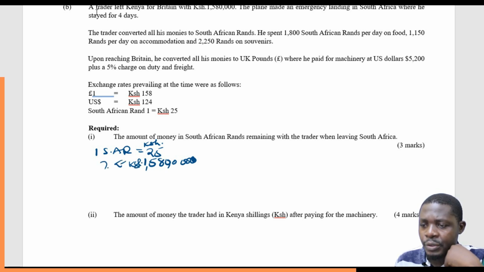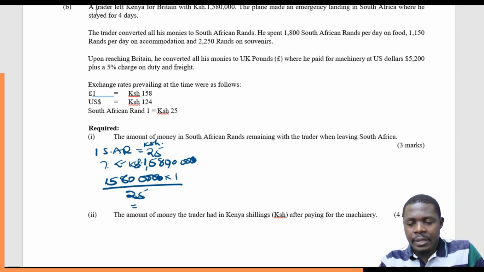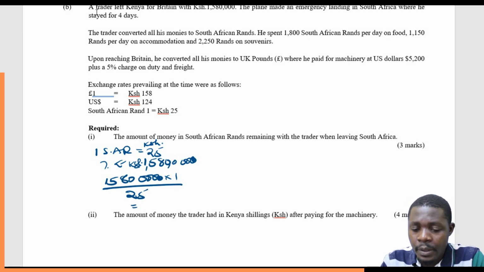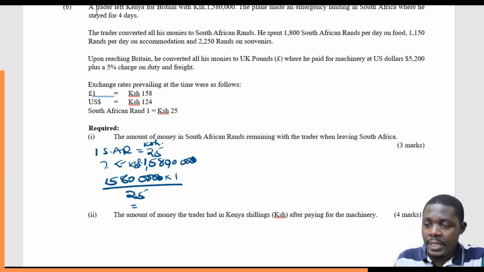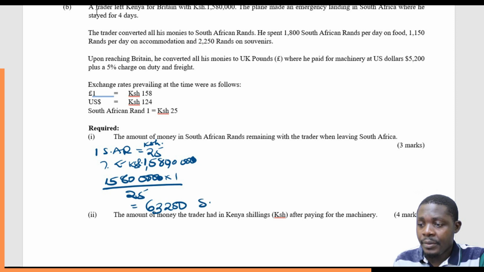Now we are just going to take 1,580,000. We multiply by 1. We are dividing by 25 shillings. In this case, we have 1,580,000, we divide by 25, and we are having 63,200 South African rands.